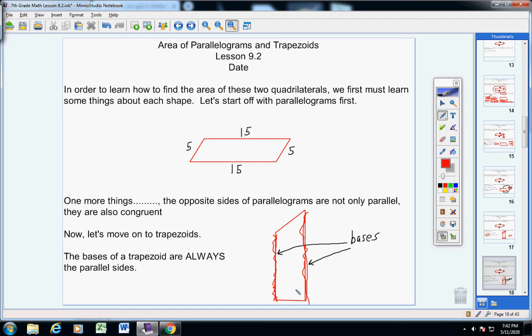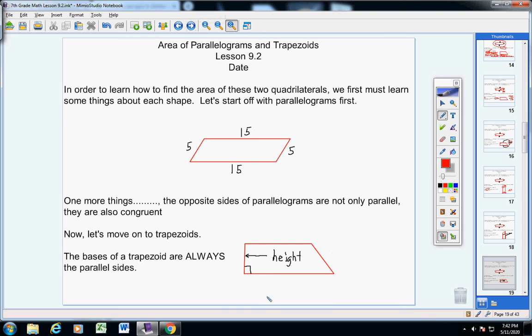Now, let's talk about the height of a trapezoid. So here we go. Now, the height is a line that always, guys, are you listening? The height of a trapezoid always, you might want to write this down, connects the bases and is perpendicular to the bases.